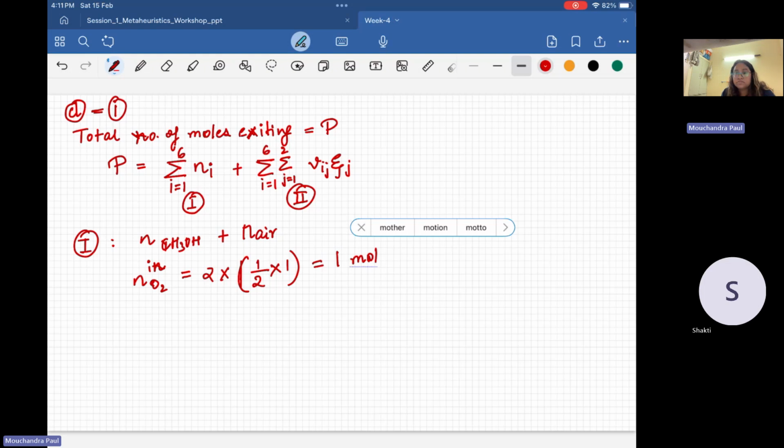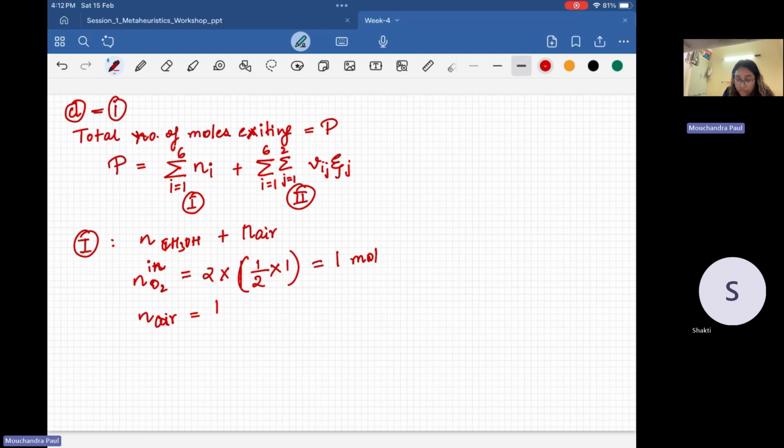Again, we know that in air 21% is oxygen, and we know 1 mole is the oxygen in the total air.